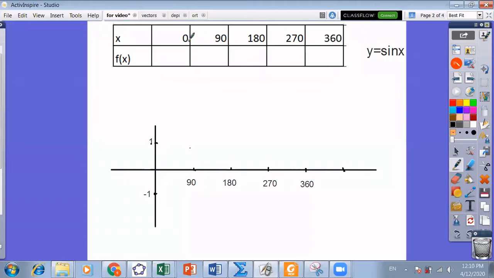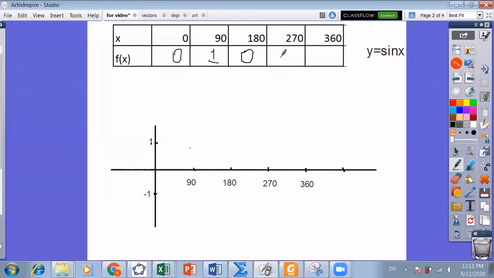Can you tell me, or I think you know from the table, that sine 0 is again 0. I write it here. Then let's go for the next one. When x is 90, so sine 90, as you know, that's a 1. So what about 180?